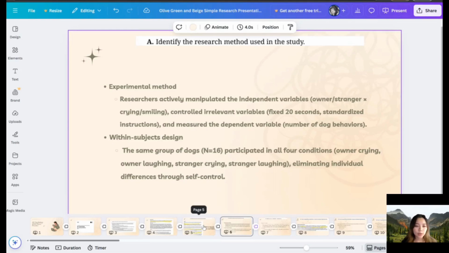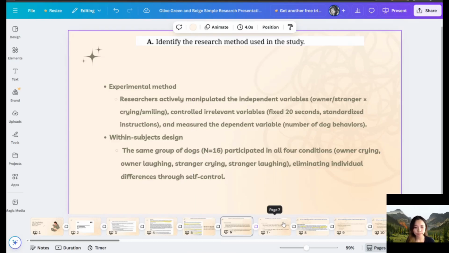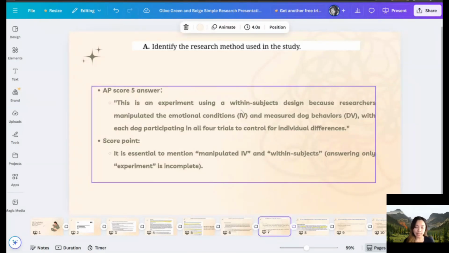And the study itself, the question itself, mentioned the within-subject design, which is the same group of dogs, sample size of 16, participating in all 4 conditions, eliminating individual differences through self-control. So in order to get a 5 in the FRQ for that specific question, you need to say this is an experiment, which is the research method.